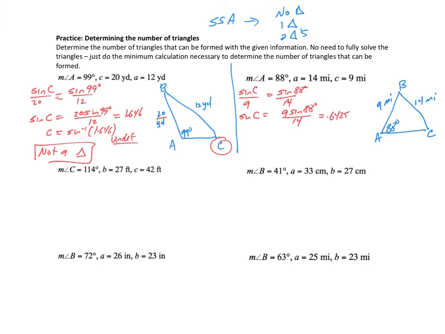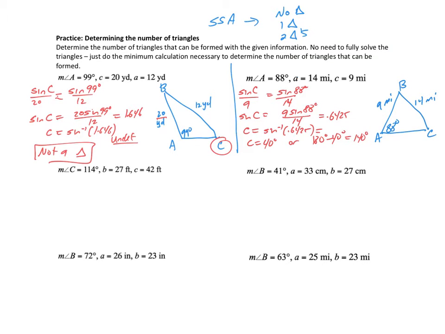I encourage you to pause the video and do the calculations on your own. C is equal to sine inverse of 0.6425, and if you punch that in your calculator, you'll get that C is equal to 40 degrees. That's the acute angle, which is a possibility. We also need to check the obtuse angle, which would be 180 degrees minus 40 degrees, which is 140 degrees.